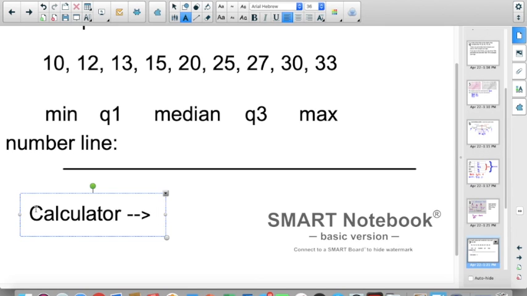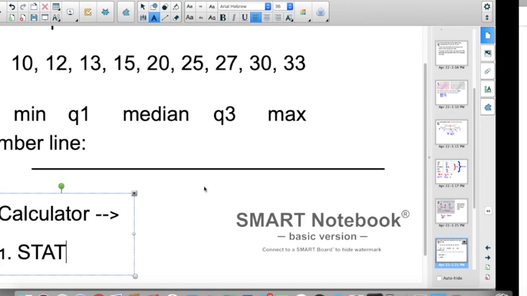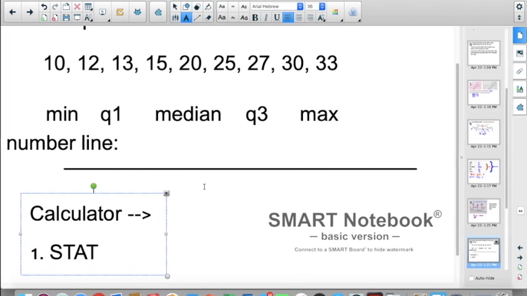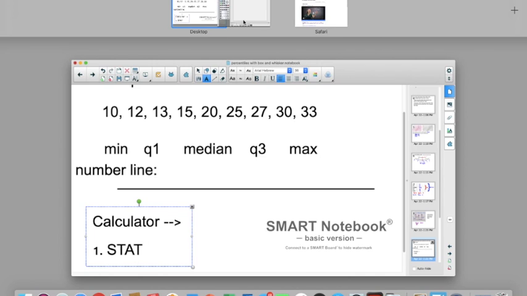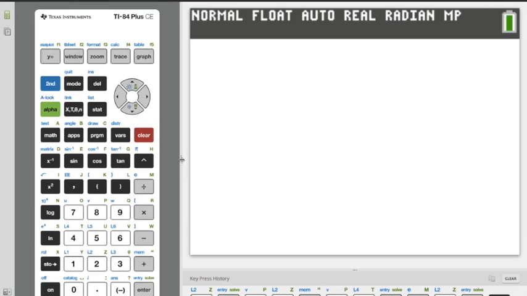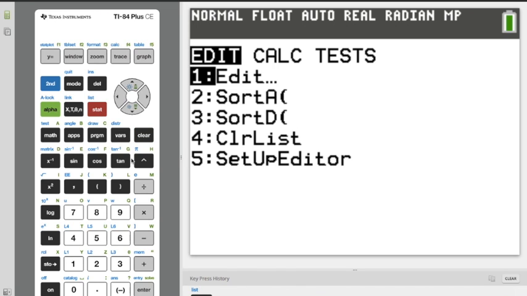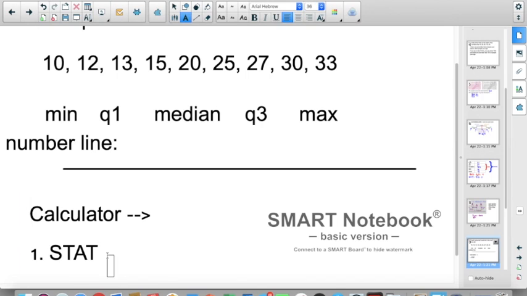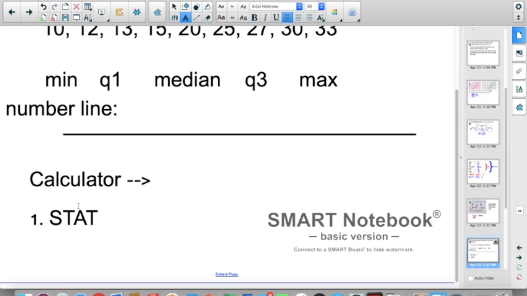Step 1. You're going to want to hit stat. Here's my calculator. Okay, awesome. Step 2. You're going to want to hit edit.